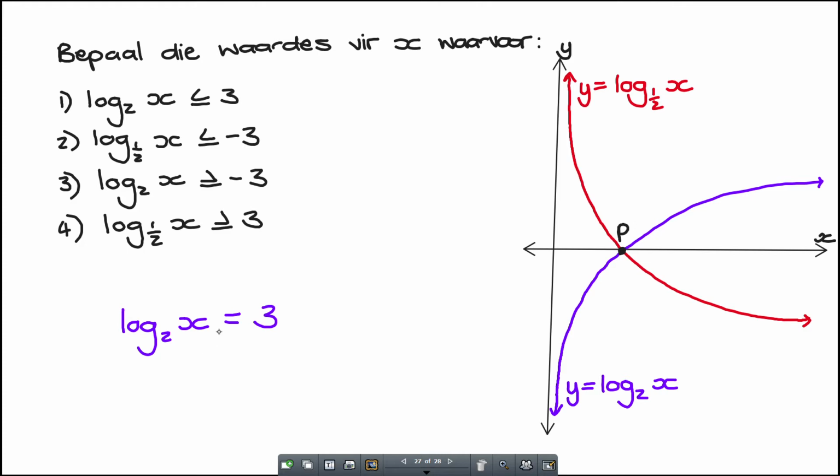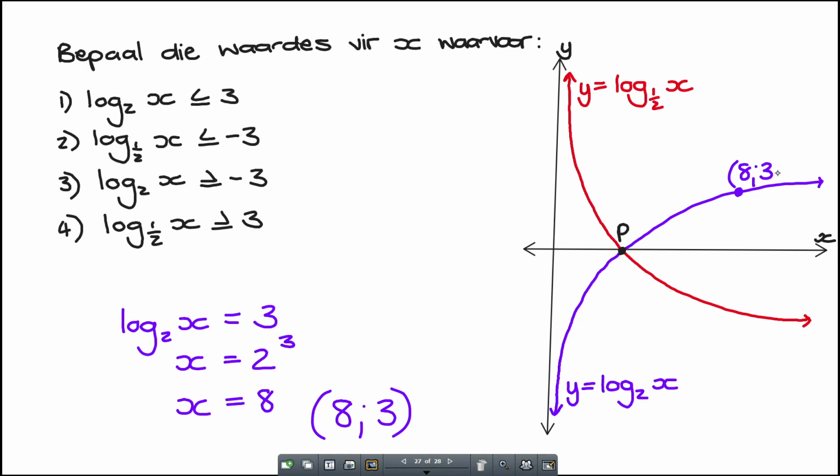Okay, let's go write this in exponential form. Meaning, x will then be equal to 2 to the power of 3. In other words, x is 8. Do you guys understand? So the coordinate here will be, if x is 8, y is 3. Do you guys all get that part? Okay, so let me quickly plot it on that graph. So here I'm saying, if x is 8, then y is 3.